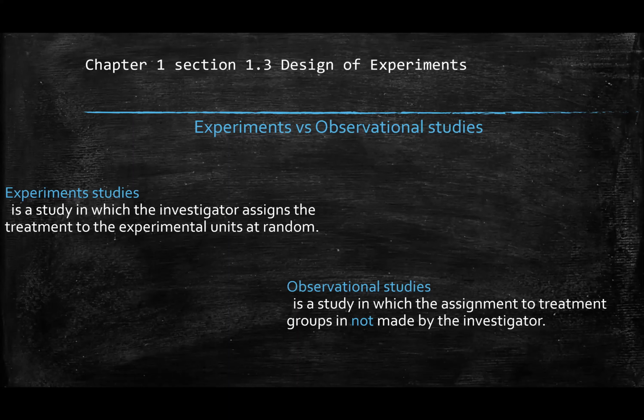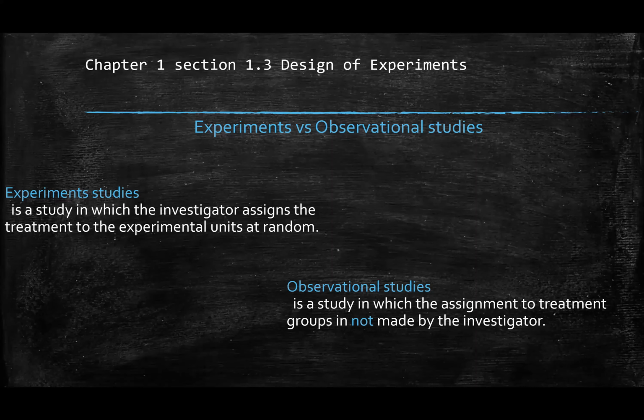So those are the two main things. Experimental is where you go in and actually physically do something with your subject. Observational, you just observe. You just sit there. You don't know what the subject has, you don't know what they got. You just observe and see what the difference is. In 1.3, you can read that they have different types of observational study and experimental study.